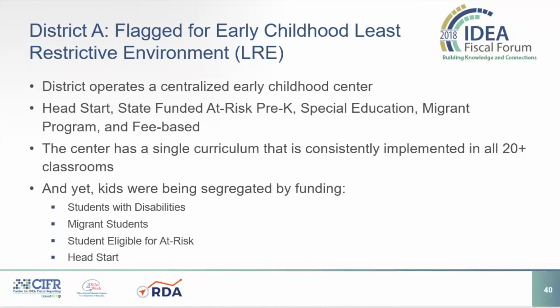The center had a single curriculum that was consistently implemented across all 20 plus classrooms, and yet we saw that the kiddos were being segregated by funding. And so this is an example where this program was flagged because of program findings with the early childhood least restrictive environment data, as well as early childhood outcomes data, both for IDEA.